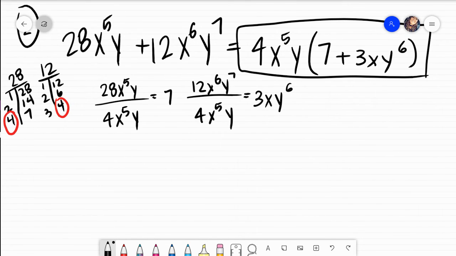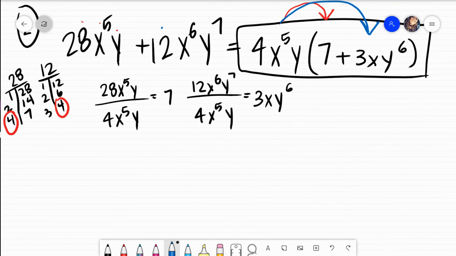Okay, so I'm not going to actually go the other way with this one. I'm just going to show you. If you do 4 times 7, you get 28. They're both positive. 28 is positive. X to the 5th times no x is x to the 5th. Y times no y is y. Now if we do this times this, 4 times 3 is 12.